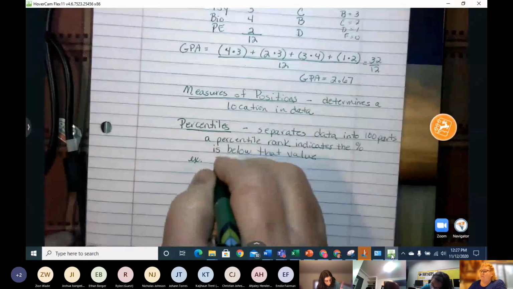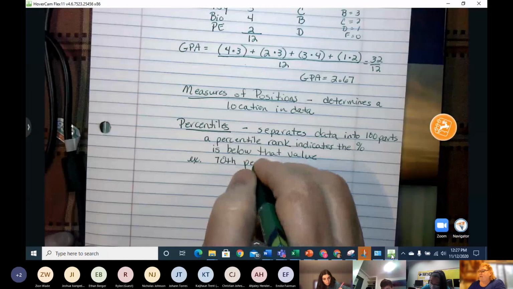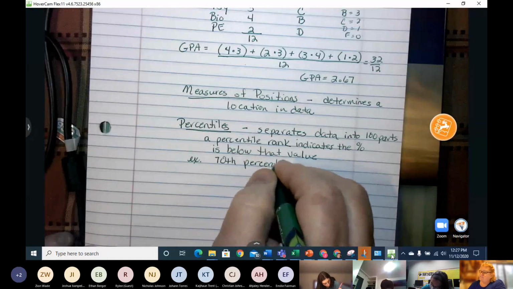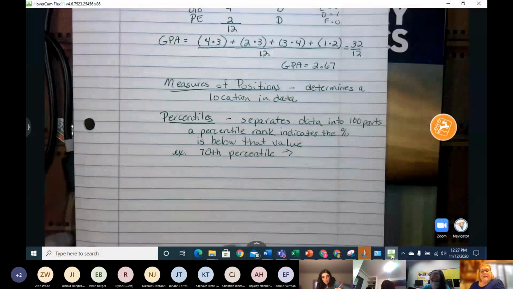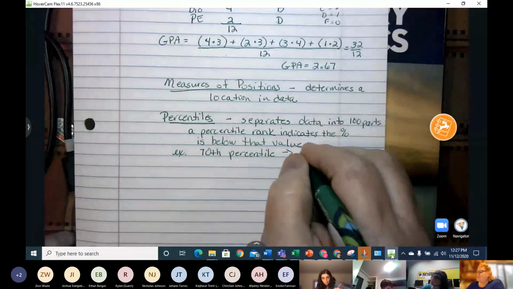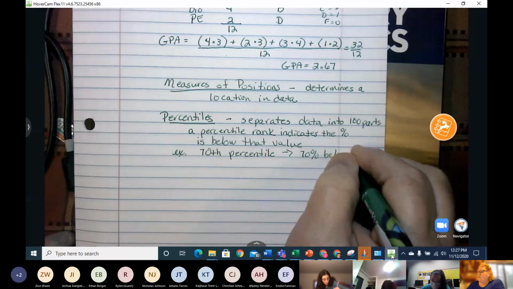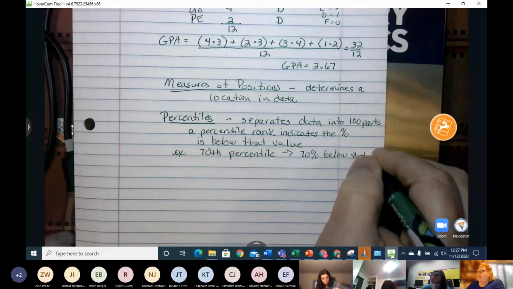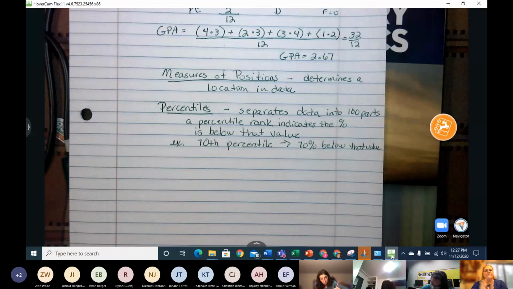For example, if I said that I was in the 70th percentile, what that interprets to is 70% below that value. So if I'm in the 70th percentile, 70% of the people are below me at that value.